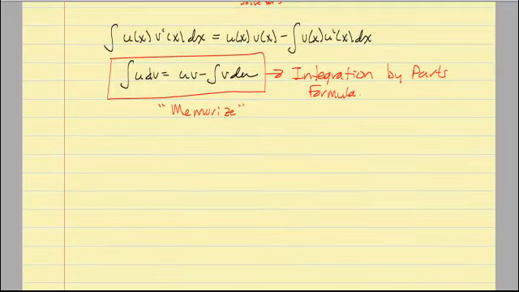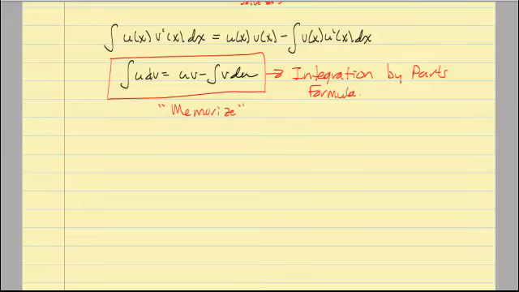Okay, and again, the way I usually read this is the integral of u dv is equal to uv minus the integral of v du. u is a function, dv is the derivative of a function, v is a function being multiplied together here, minus the integral of the function v times the derivative of u. That's kind of the easiest way to look at this.